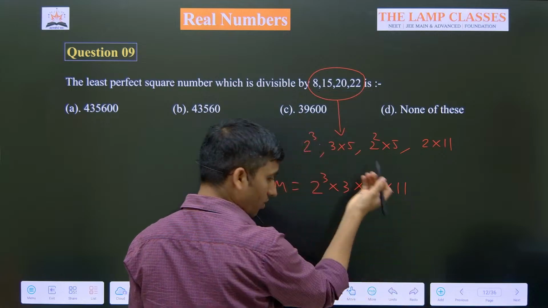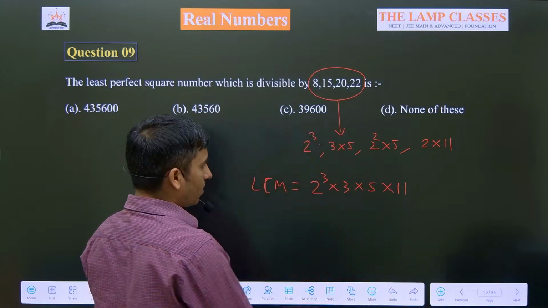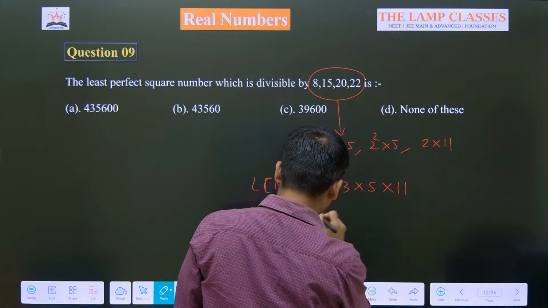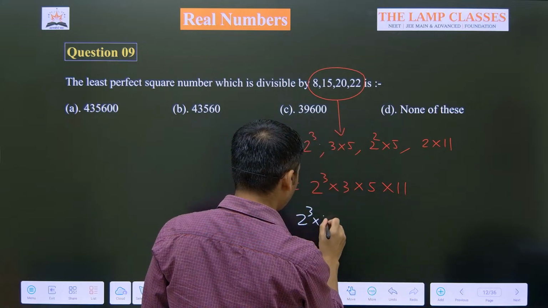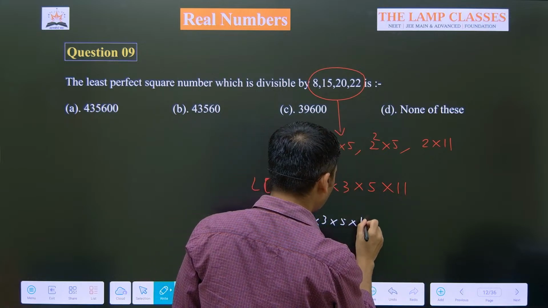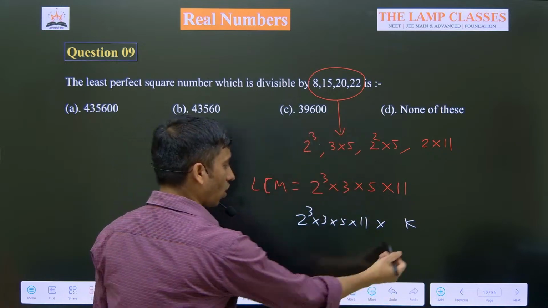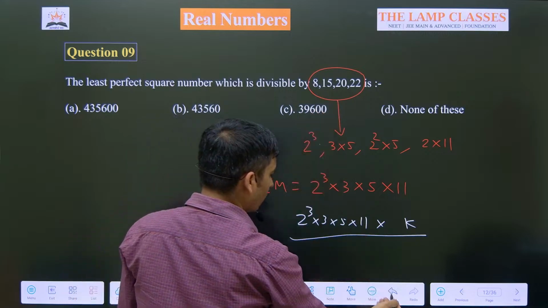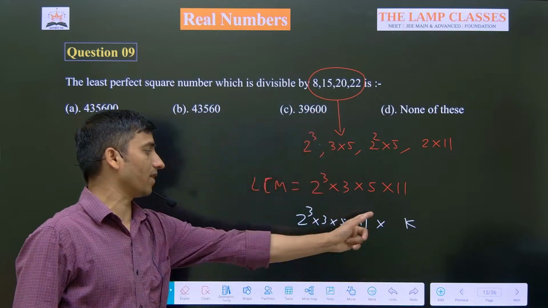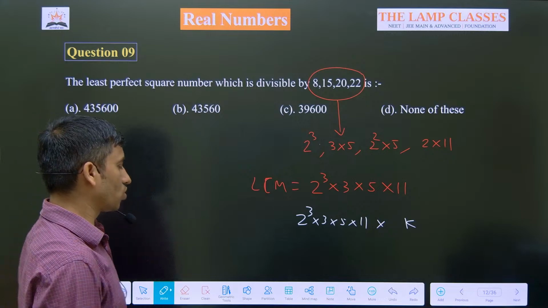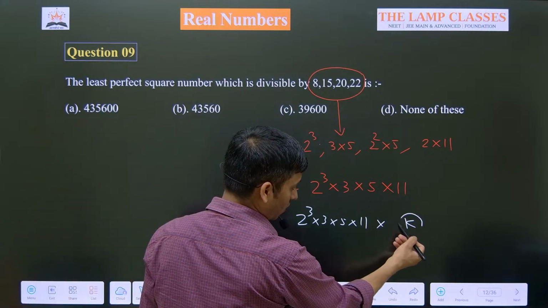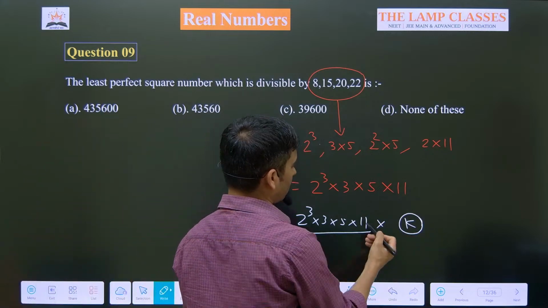And I told you in one of the previous questions also, a multiple of this, 2 raised to 3 into 3 into 5 into 11 into some number k, will always be divisible by these numbers. But we want the number which is a perfect square, so you have to take the smallest value of k so that this number becomes a perfect square.